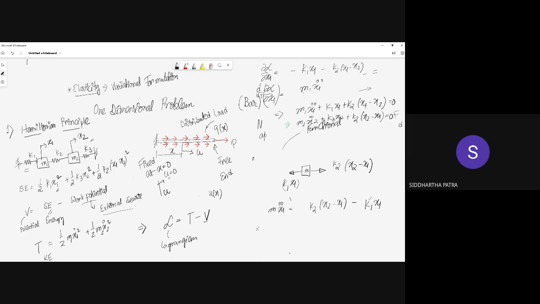Eventually if you rearrange, this is what you are going to get. Basically the same set of equations, which goes to show that both Hamiltonian principle and Newton's approach give you the same set of equations.